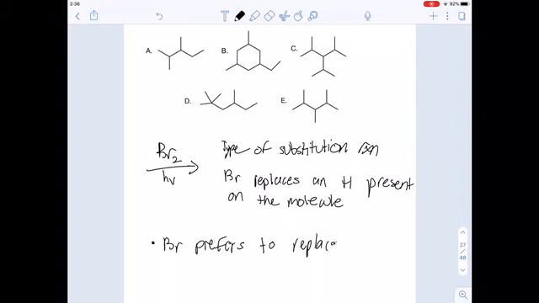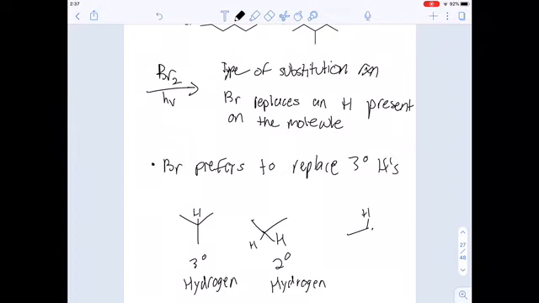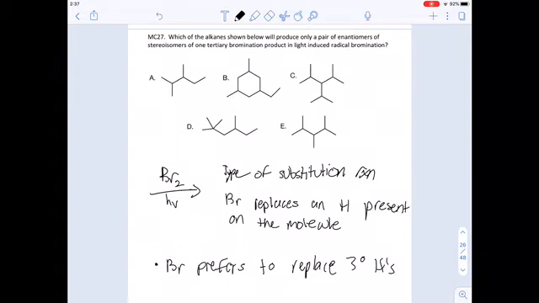So Br in particular prefers to replace tertiary hydrogens. An example of a tertiary hydrogen would be this. A secondary hydrogen would look like these, and a primary hydrogen would be any terminal carbon. Okay.